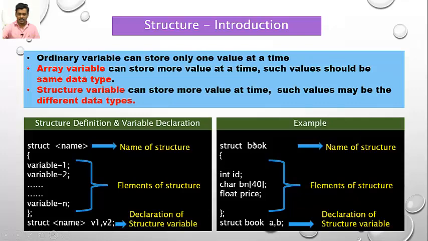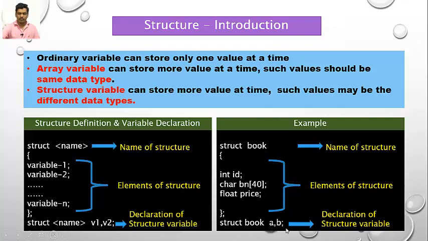Example: struct book. This is the name of the structure. This is the body of the structure: int id, char bn[40], float price. These are all the elements of the structure. The structure name is book.